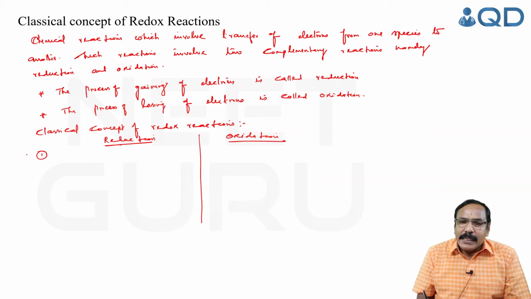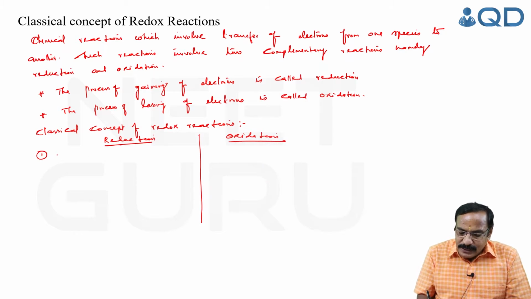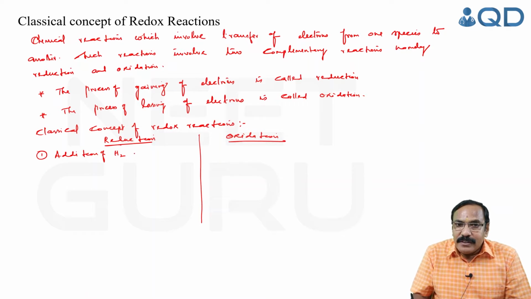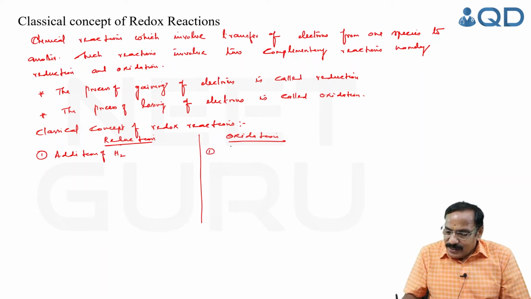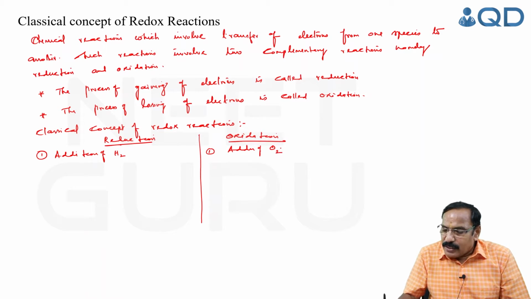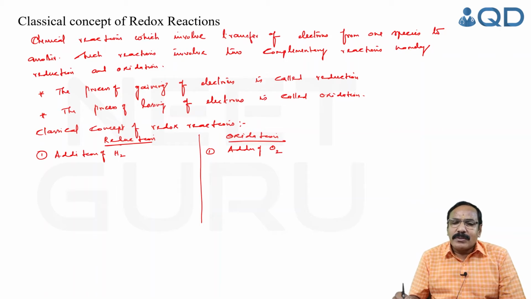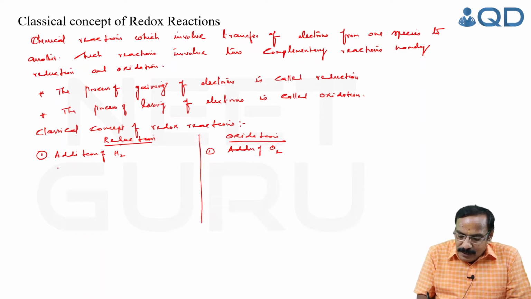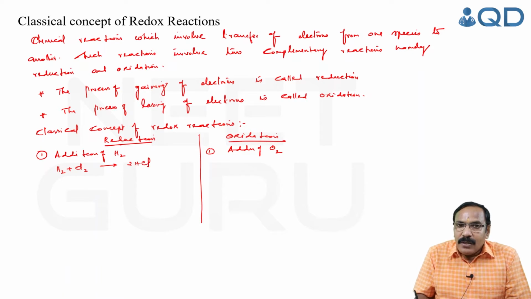In the classical concept, reduction means addition of hydrogen. Oxidation means addition of oxygen to a substance. For example, when hydrogen is added to chlorine to form HCl, chlorine is reduced.